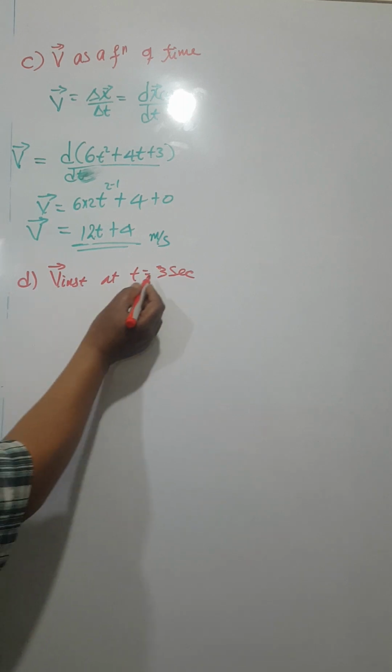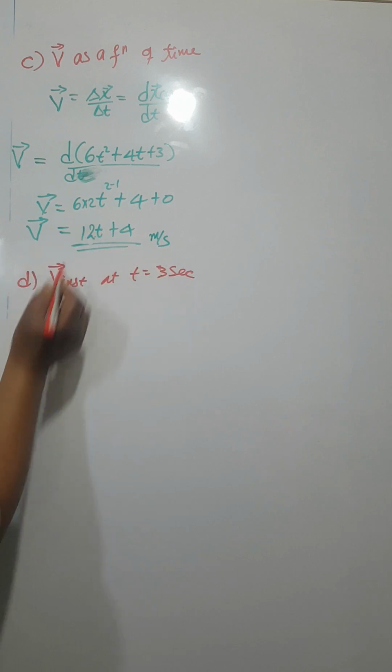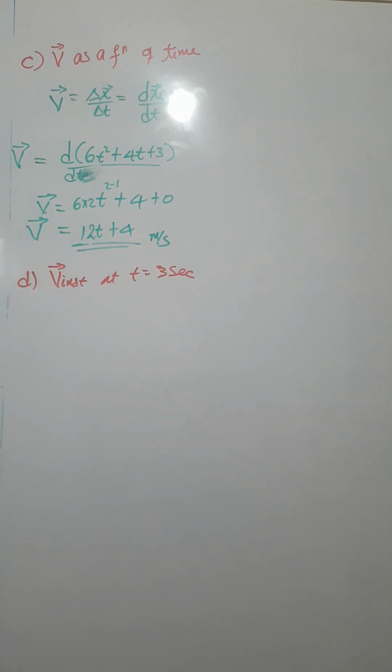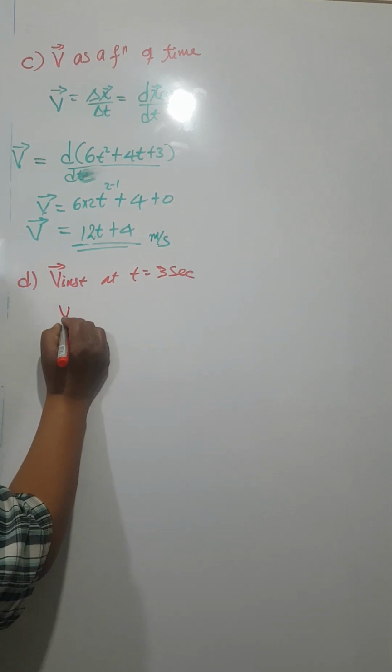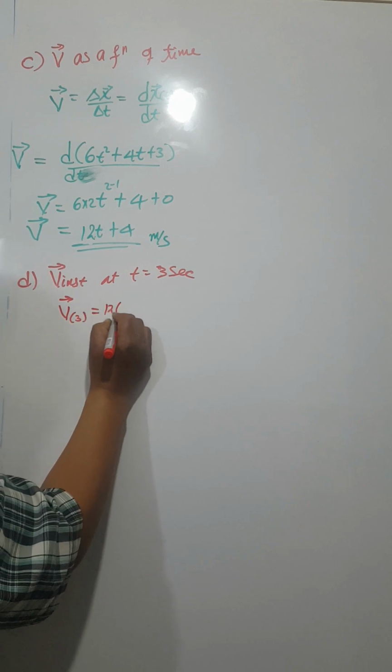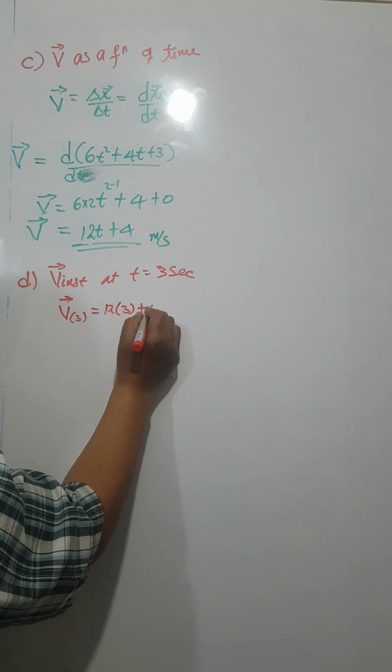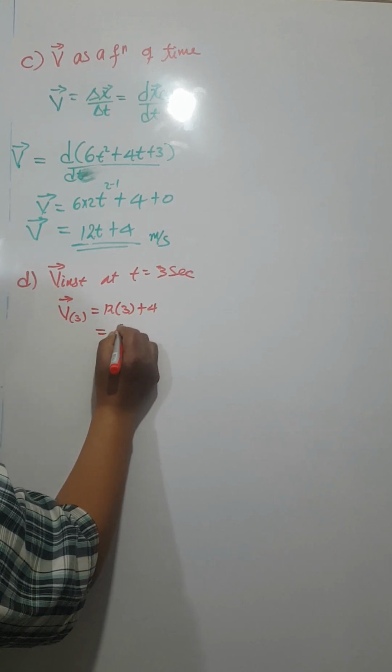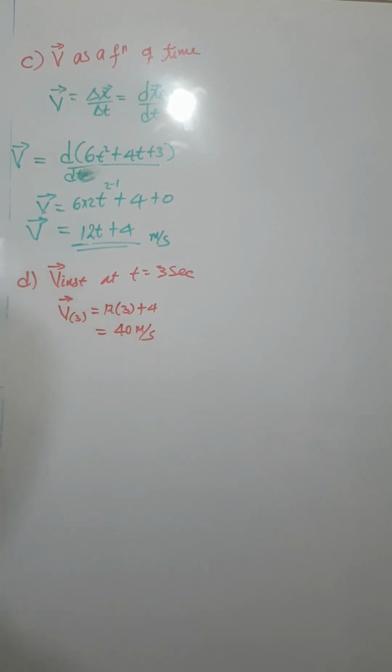Since we have this formula, we can simply replace t with 3, so that it gives us this: v at a time of 3 seconds is equal to 12 times 3, plus 4. This is equal to 40 meters per second.